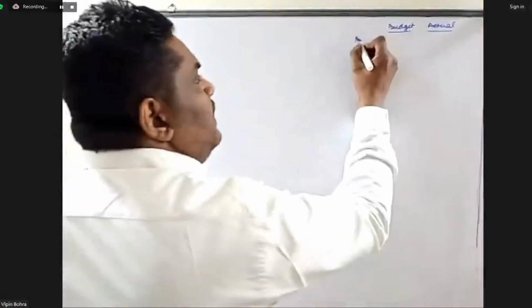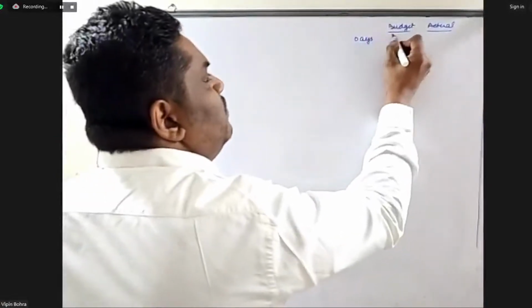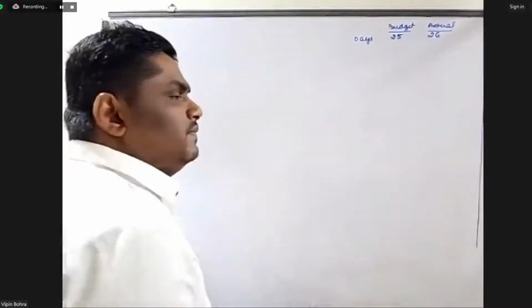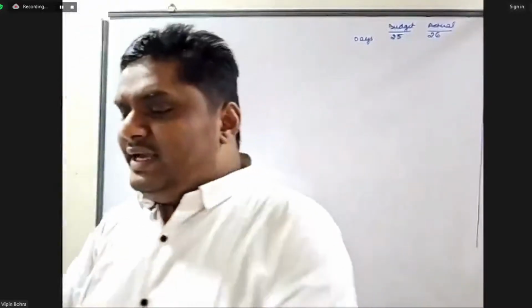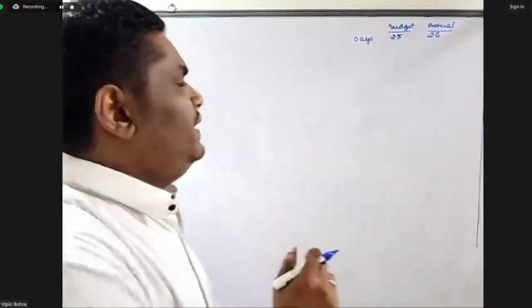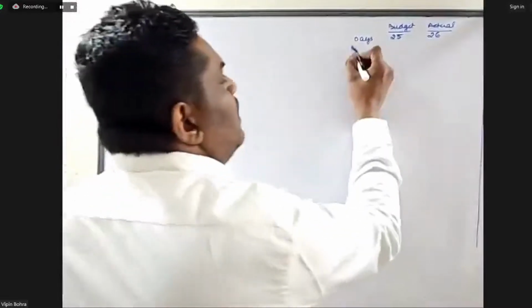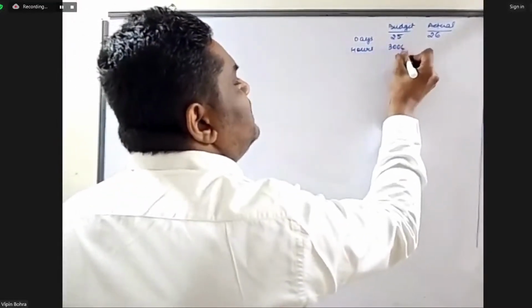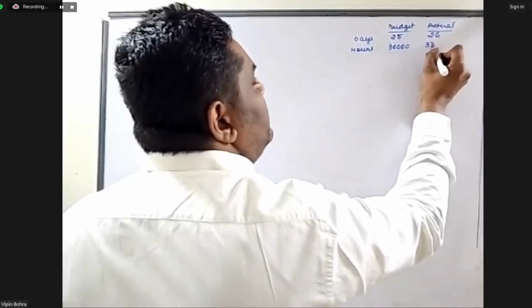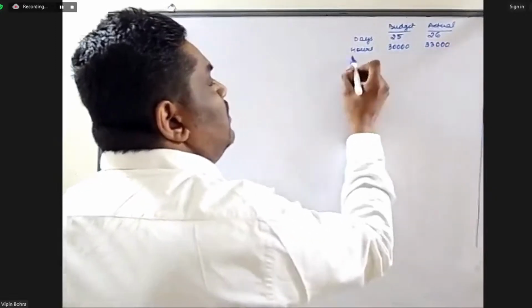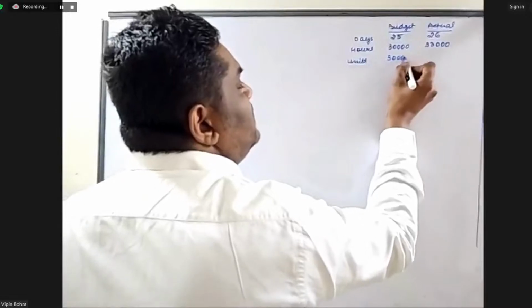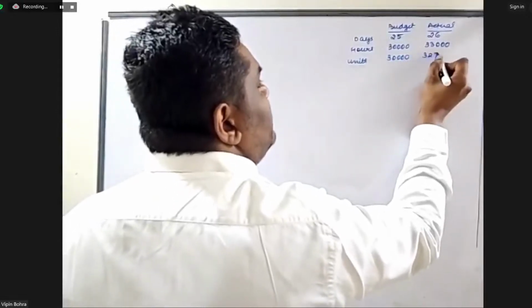See, let's say the days are given, that is 25 and 26. Hours are given, let's say 30,000 and 33,000. Units are given, let's say 30,000 and 32,500.